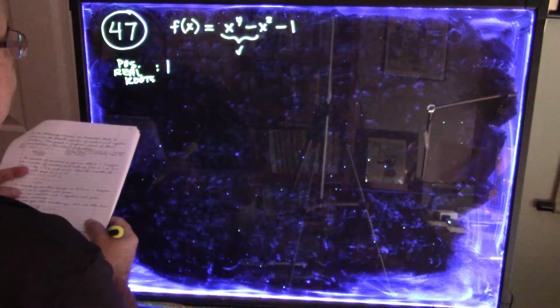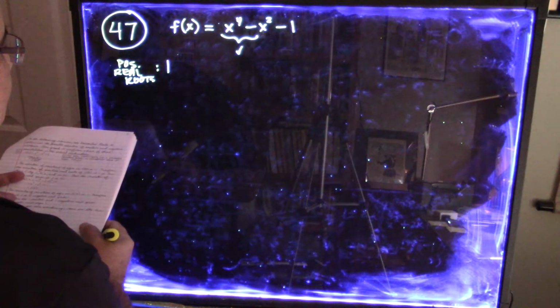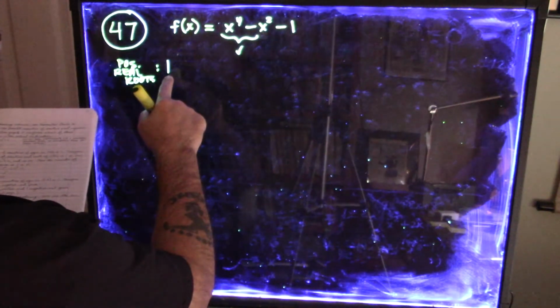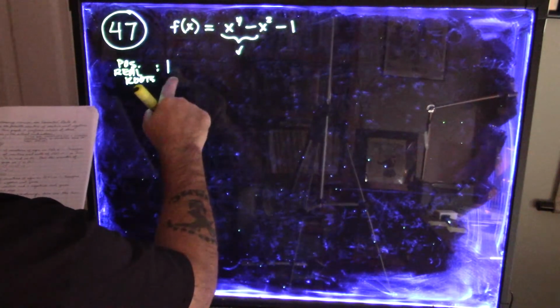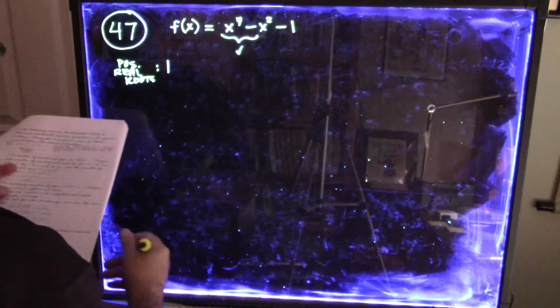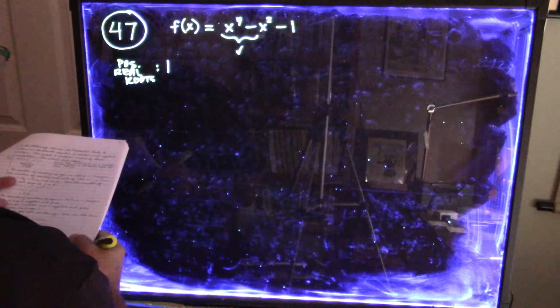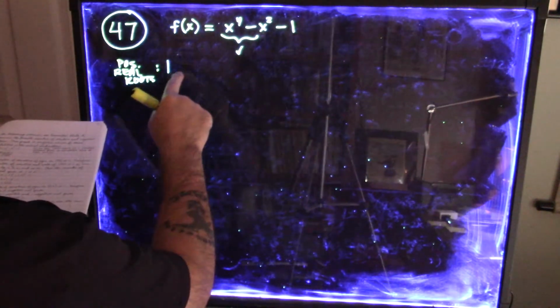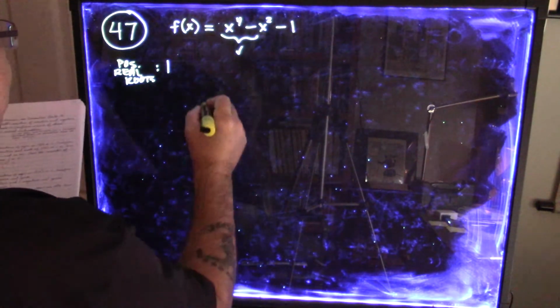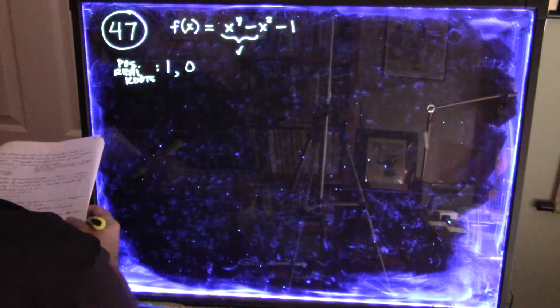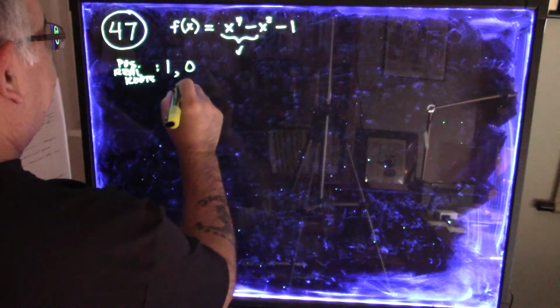All right, well, you can have 1 or 0, obviously. You can't have 1 and then 2 less than that. That's getting into a negative number, which doesn't correspond to reality here. So just 1 or 0 positive real roots. All right, 1 or 0. Now we try f of negative x.